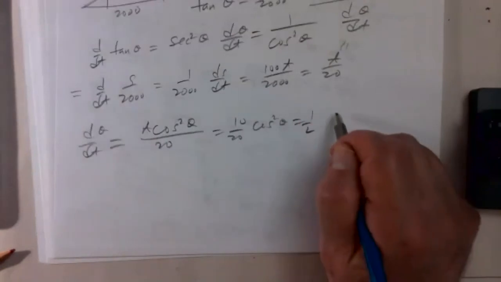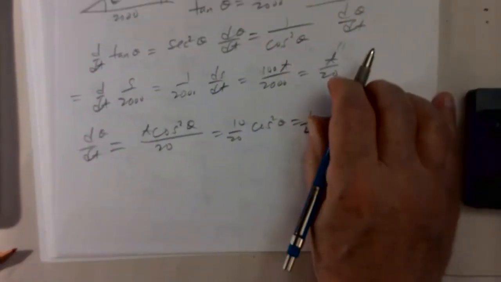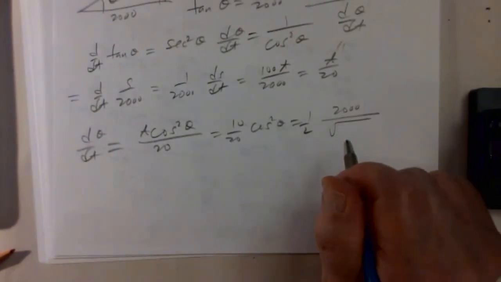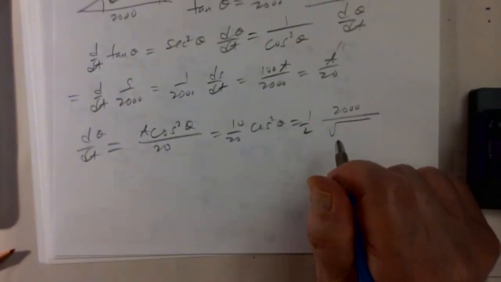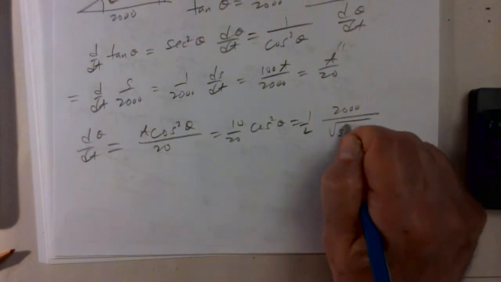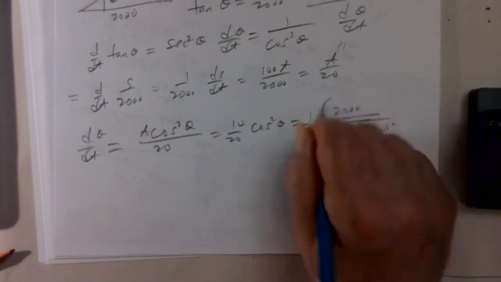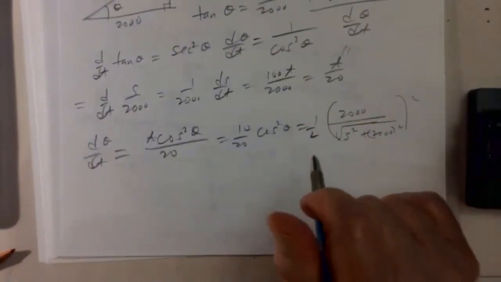This over this: 2000 over the square root of S squared plus 2000 squared, all squared.